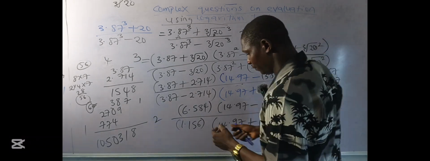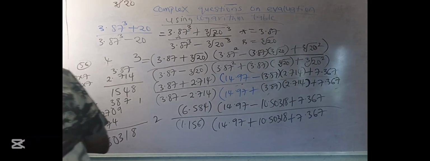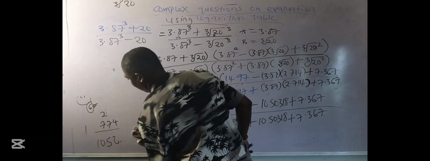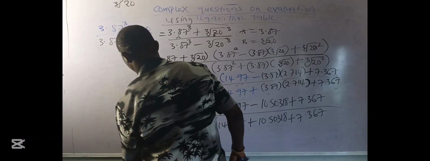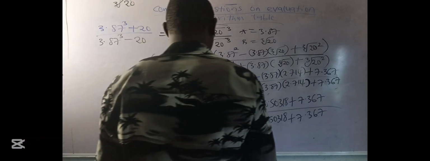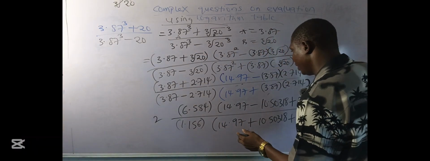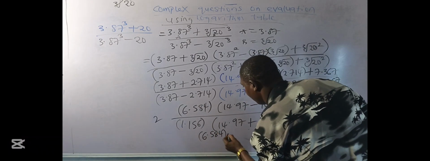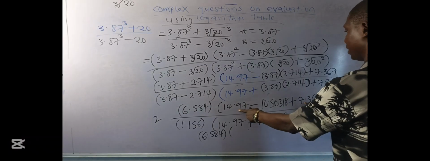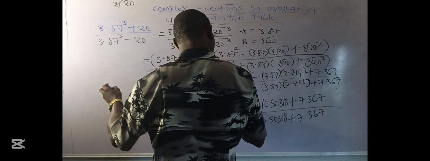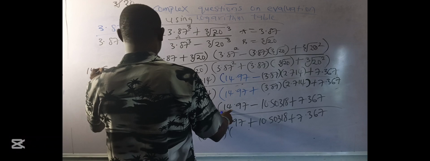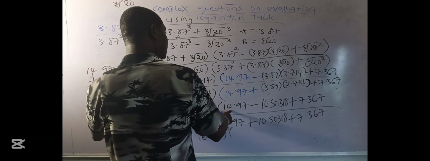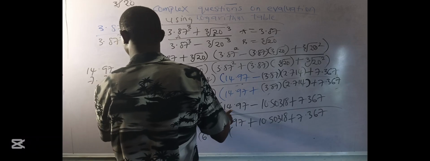We've already gotten the top, which is 6.584 in brackets. Now, this and this can add up. I have 14.97 plus 7.367.